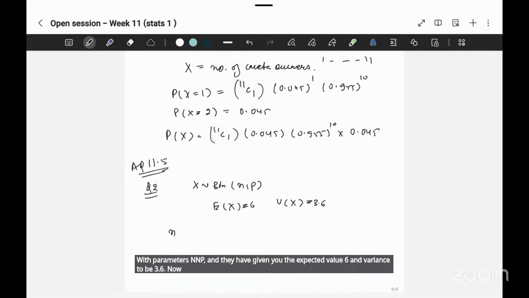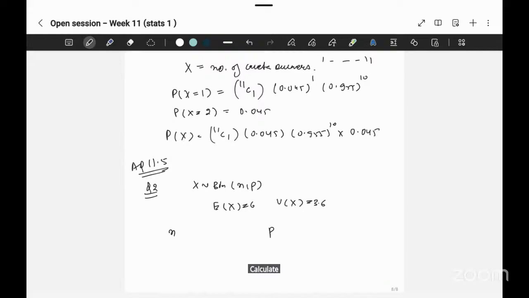Now you tell me the value of n and the value of p. Calculate and tell me the answer. It should be 15 and 0.4. Everybody is getting that answer?